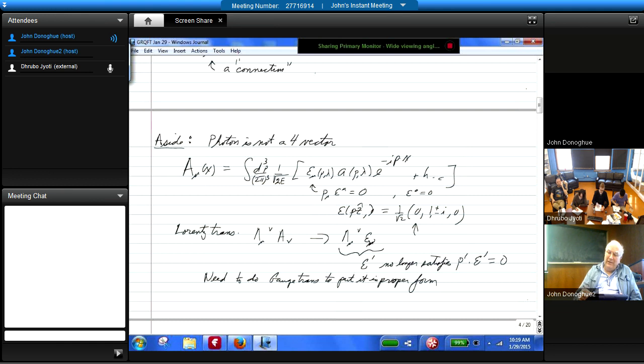Okay, so I don't mean to go too far down this pathway, but photons by themselves are not Lorentz vectors, but if you supplement by a gauge transformation, the offending pieces can be removed. The place to read this is Weinberg's QFT, Volume 1, Chapter 5.9.